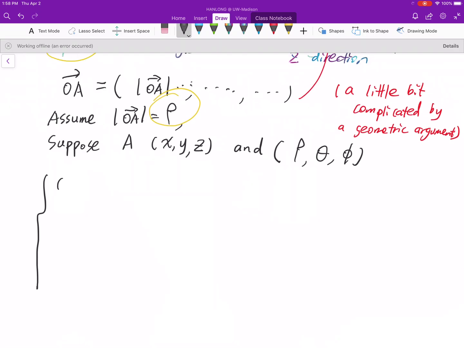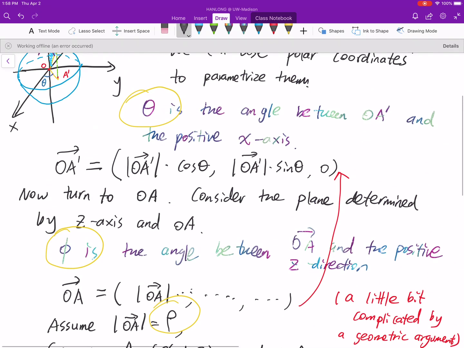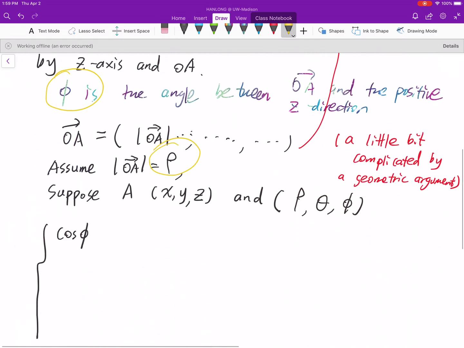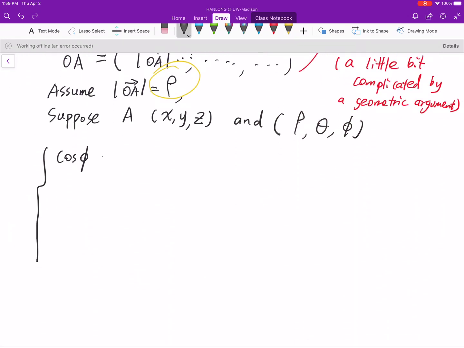Now what equations do you have? First, let's compute what cosine phi is. Recall what phi is. Phi is this angle. So cosine phi is OA dot K, where K is the positive z direction, divided by the length of K and the length of OA.